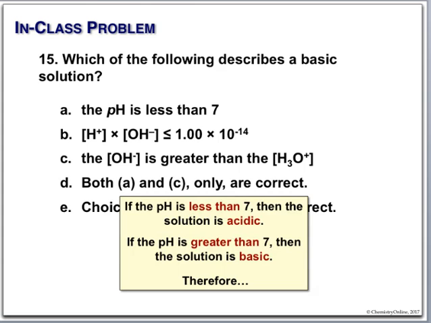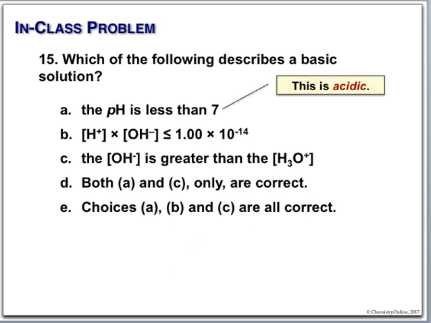If the pH is less than 7, it's acidic. If the pH is greater than 7, it's basic. It's a simple rule. All right, so for our first one, pH is less than 7. No, this is an acidic solution. The lower the pH, the stronger the acid.